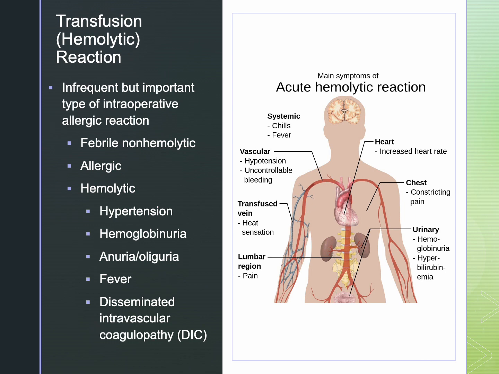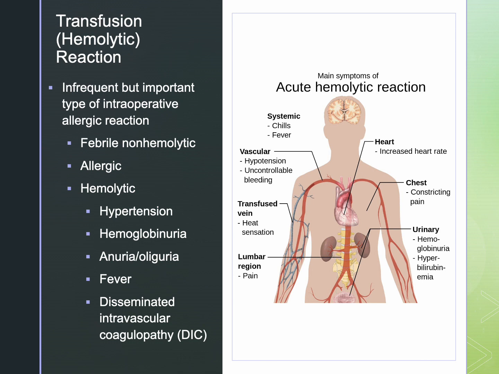It's characterized by a rise in temperature and is usually treated with acetaminophen. Allergic transfusion reaction is usually mild, and it's caused by either medications taken by the donor or from the additives that are used to prepare the blood products.